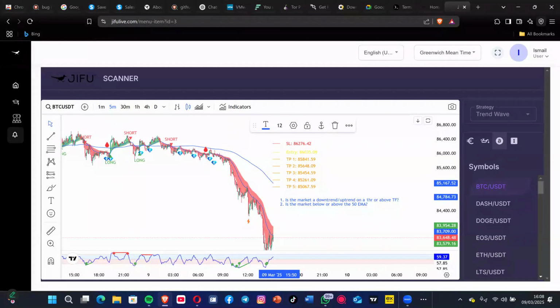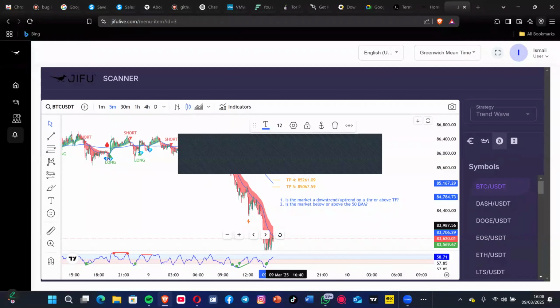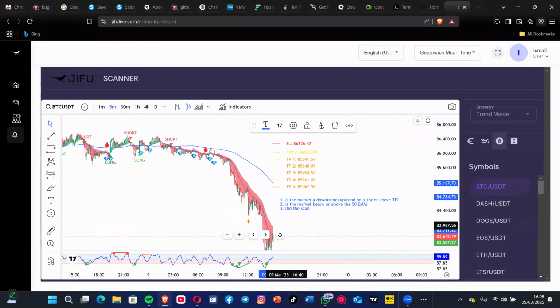Now, the next thing you want to ask yourself is, did the scanner call this trade? You see how simple this is? You don't need much to take a trade.